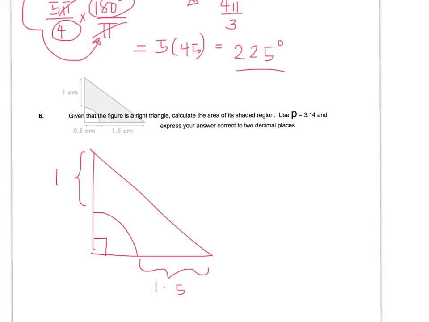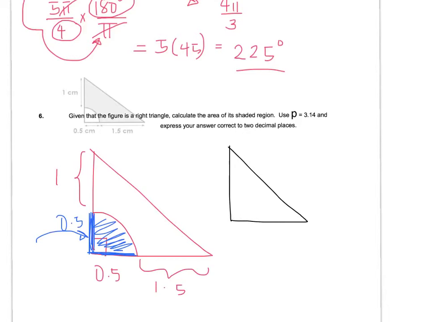So we have 0.5. Now take note, the figure here is a quarter of a circle. So if this is 0.5, this is also 0.5. Now we're looking at two different figures.